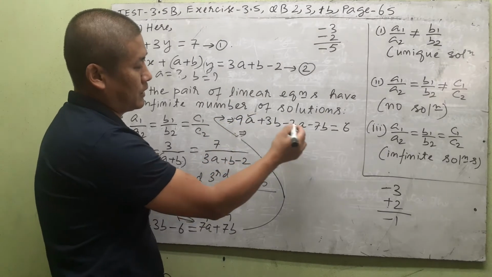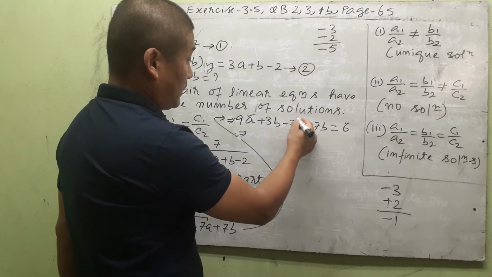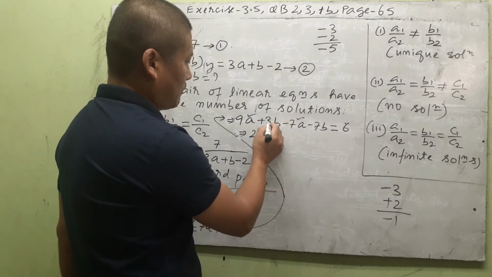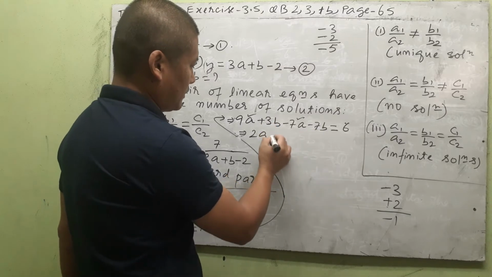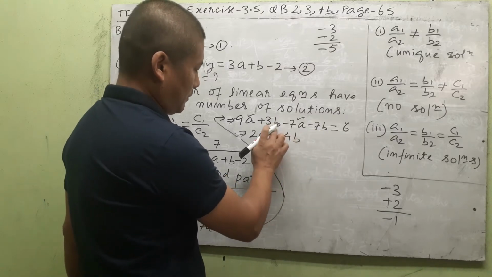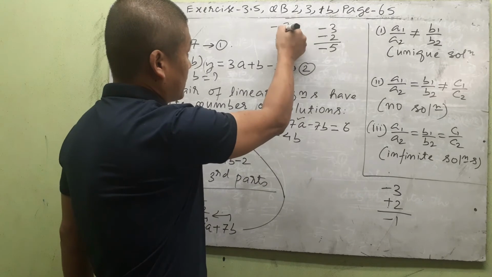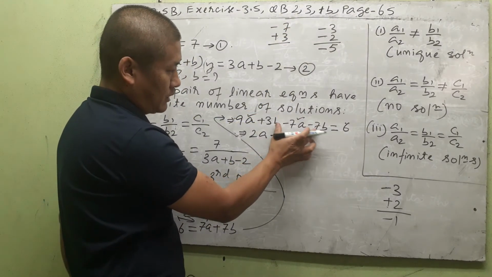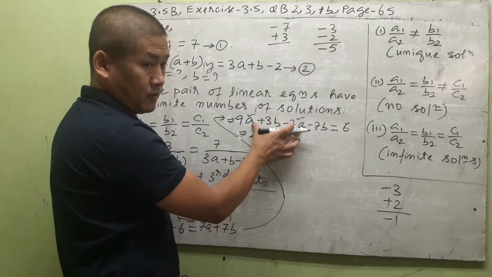So 9a minus 7a is plus 2a. 9 minus 7, 2. Plus 3b minus 7b. Minus 7 plus 3. We can add only the like terms. b, b, these two add. a, these two can operate.